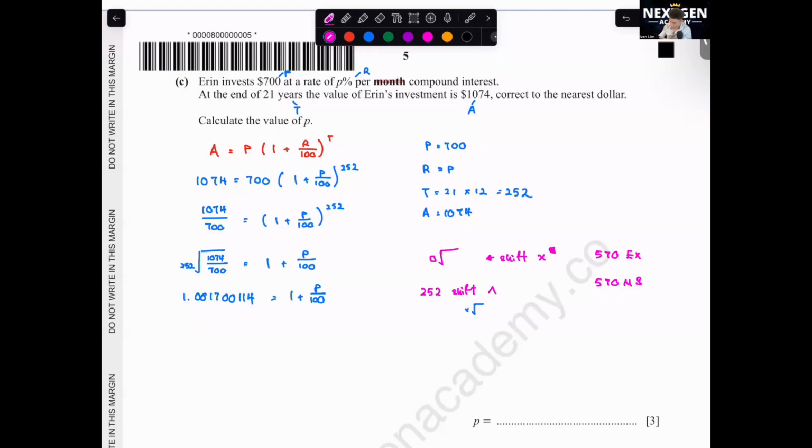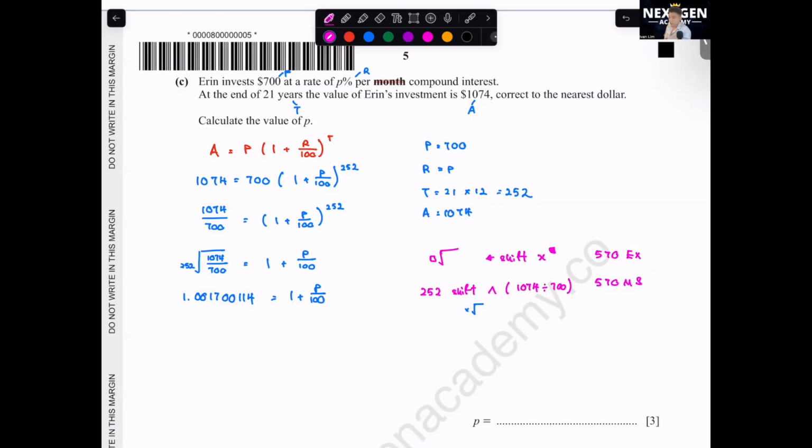Then you bracket the whole thing, 1074, and you can put divide by 700. That's why I don't really like the other calculator. You have to really understand how the calculator processes it. Try again, Cindy. See whether you get this same value or not.